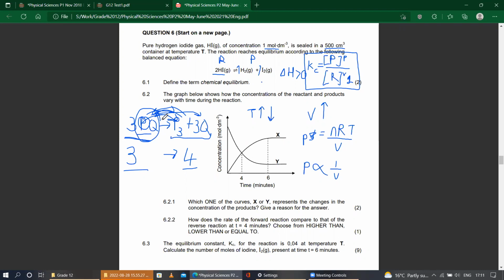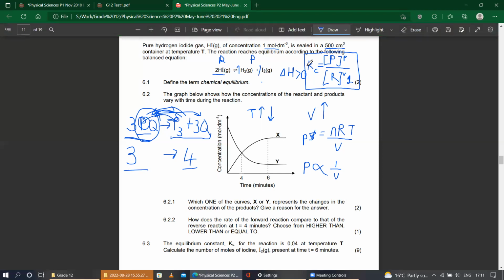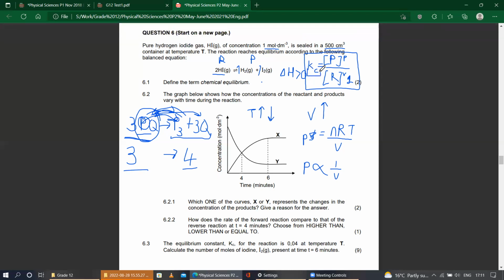That means you have more products and less reactants. You increase the concentration of the products, they are going to be converted into the reactants, because it has to stay at equilibrium and the value of Kc has to stay the same until the temperature is changed. So do you understand that?